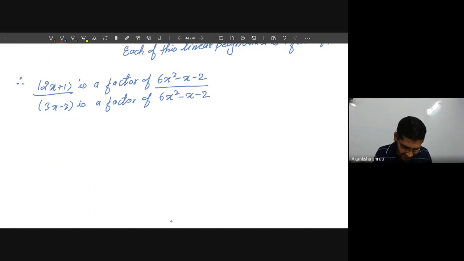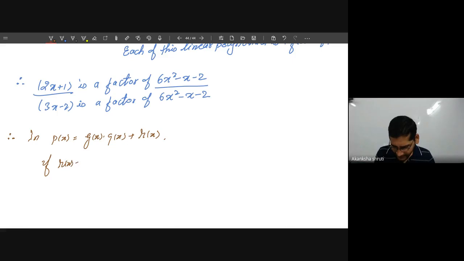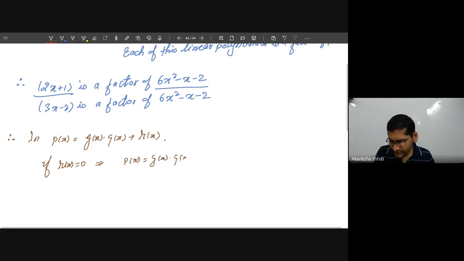Therefore, p(x) is equal to g(x) into q(x) plus r(x). If the remainder r(x) is 0, this implies the polynomial p(x) is g(x) into q(x).